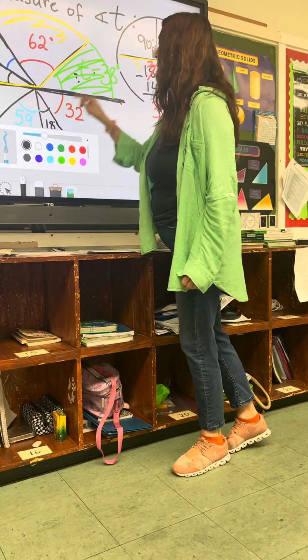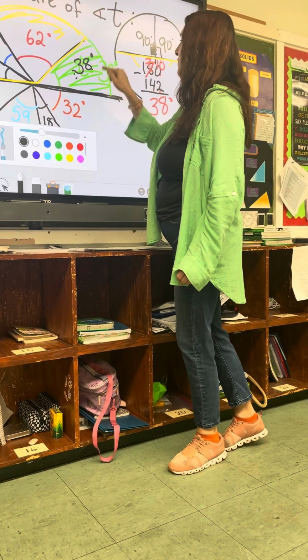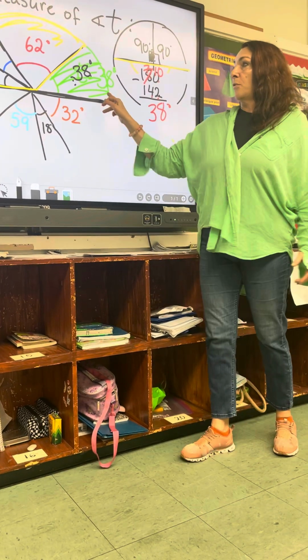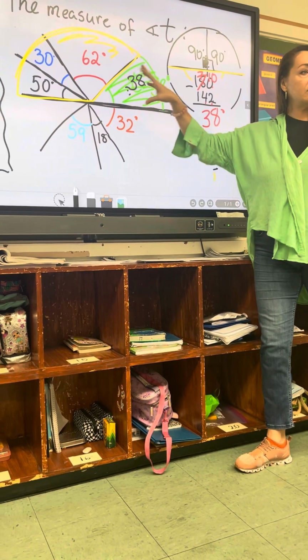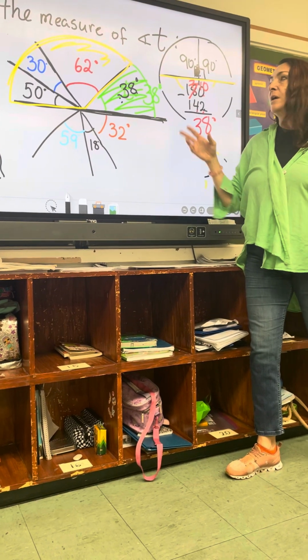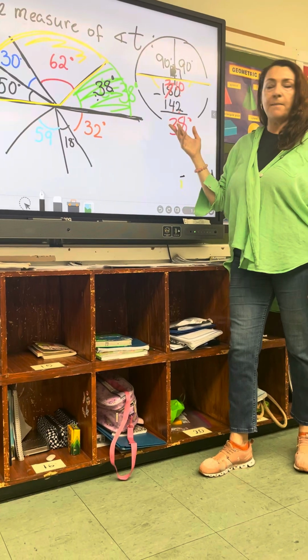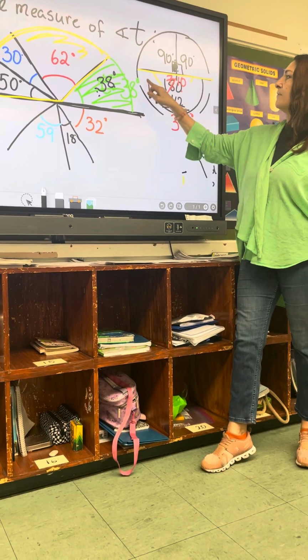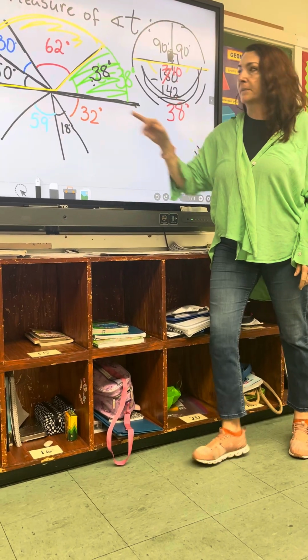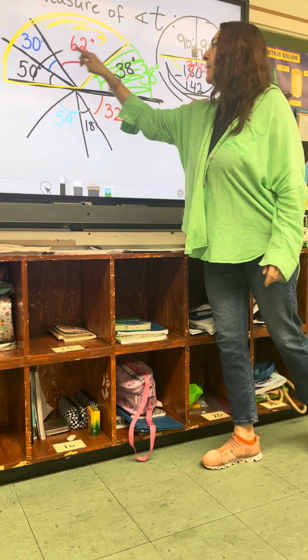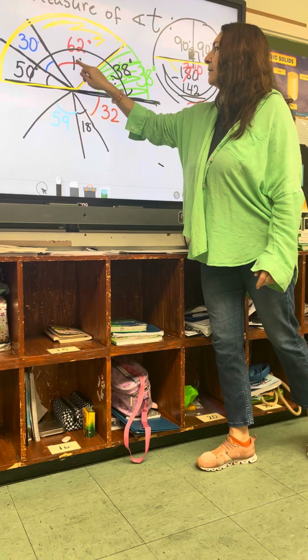So let's verify that's accurate, 38 degrees for the green one. So you see now it's halfway colored, even though in different colors, every color represents a different angle. If we add them up, what would be the sum? 180? So we have to add them all up, and it's going to be 180, correct?